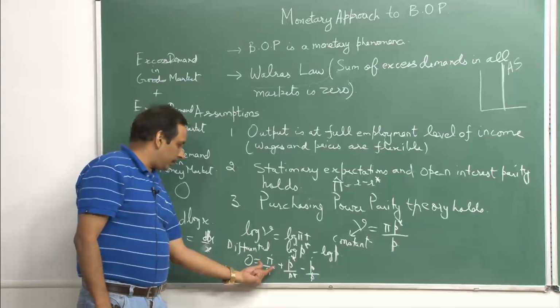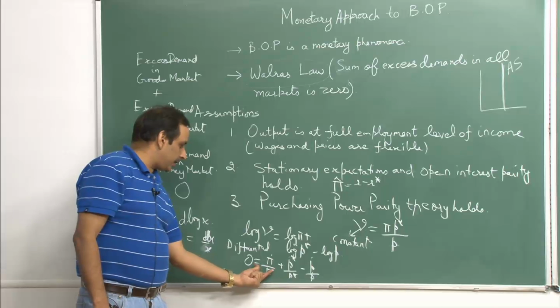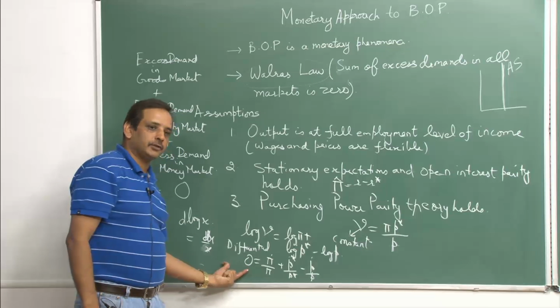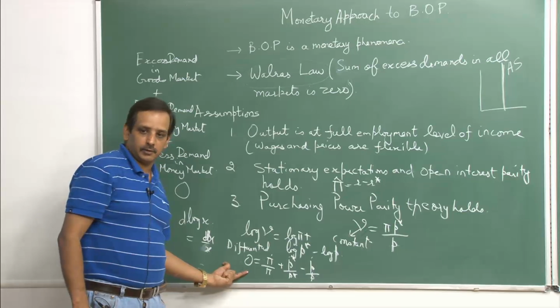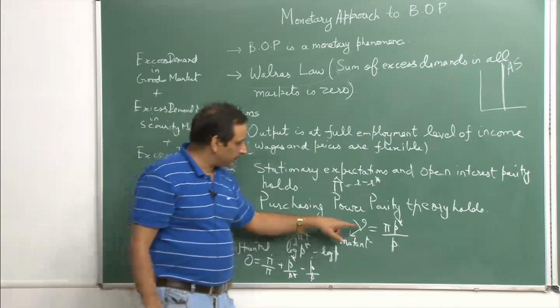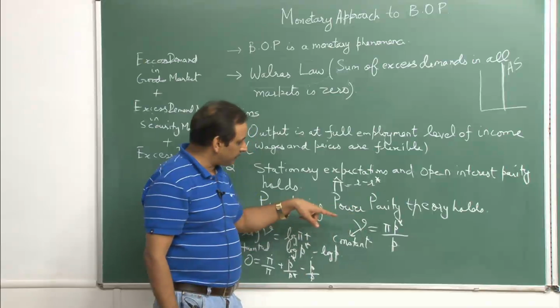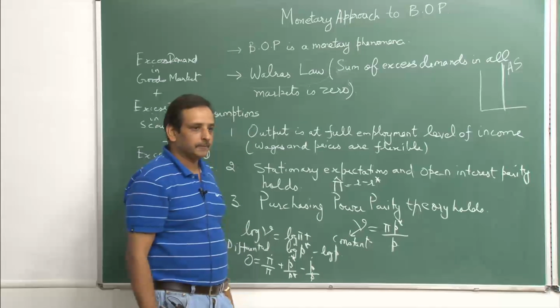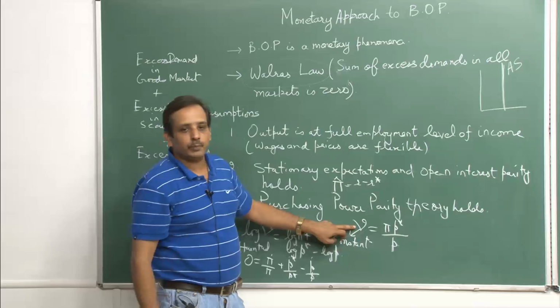So, the rate of change of the exchange rate is a function of the differential inflation rate. This is what is coming out of the fact that you are linking domestic prices with the international prices, and you assume this to be a constant.